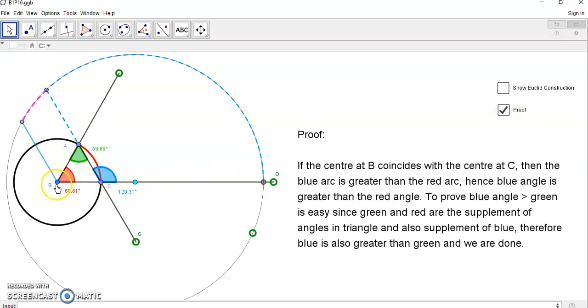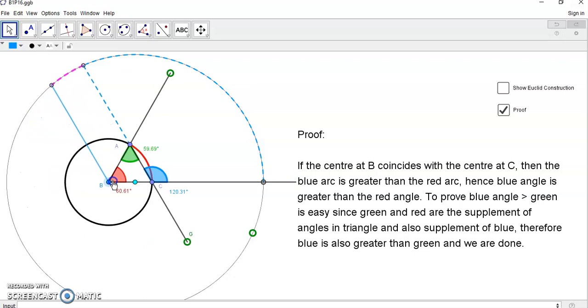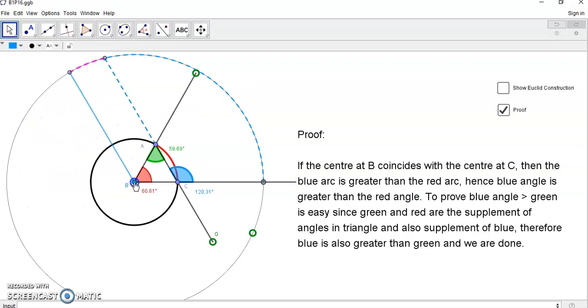So if we move this center, if the center coincides with C, then this blue arc is greater than the red arc. So if we do this, as you'll see there, this blue arc here is greater than this red arc. Okay, just this section, which corresponds to this little arc here.